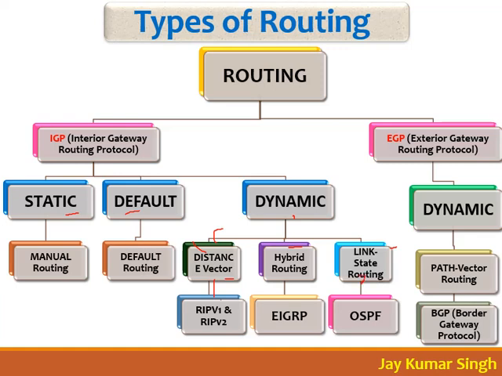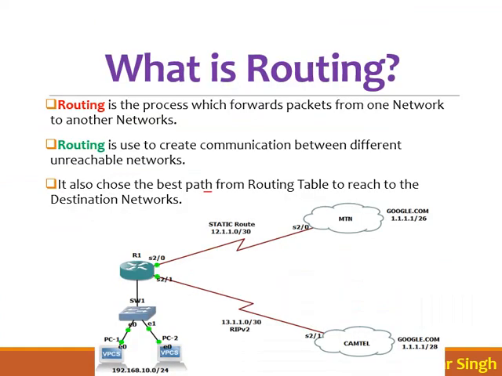First we have to work on RIP version 1, which is known as a distance vector routing protocol. Why is RIP known as a distance vector routing protocol? Suppose one router is connected like this. This is one hop and this is also one hop, but it does not check the distance of the cable.